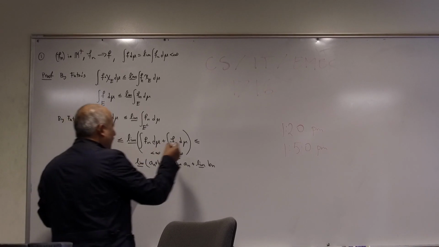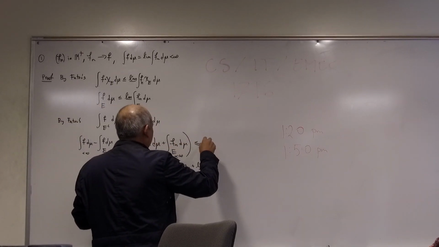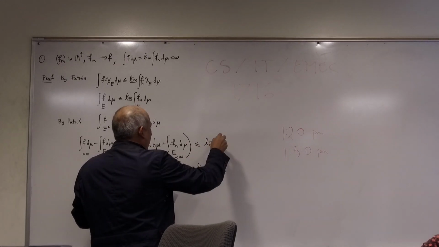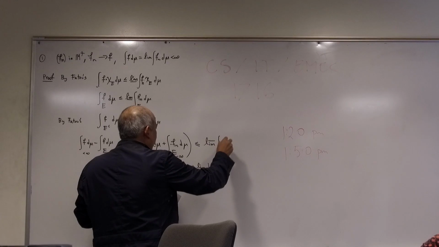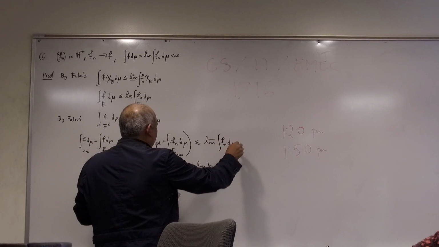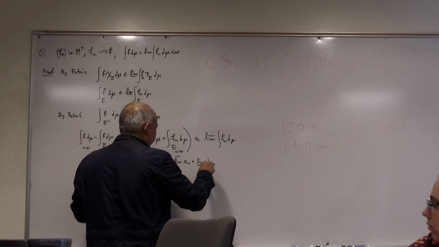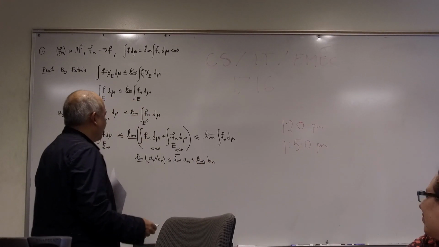So therefore, this is less than or equal to the lim sup of the integral of fn dμ. Or it's even less than or equal to the lim sup. No, wait, no. That's good.